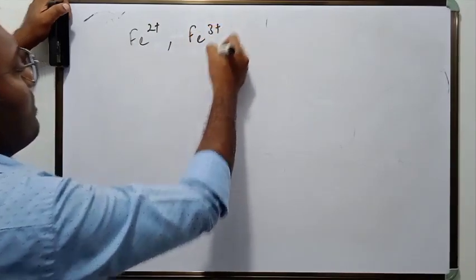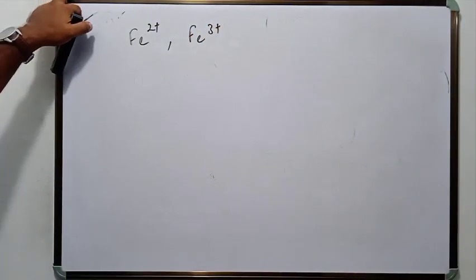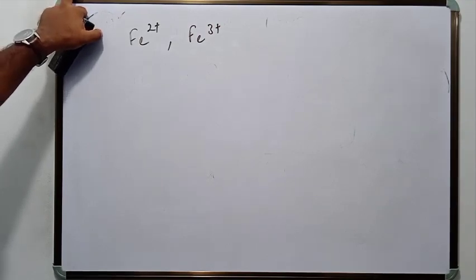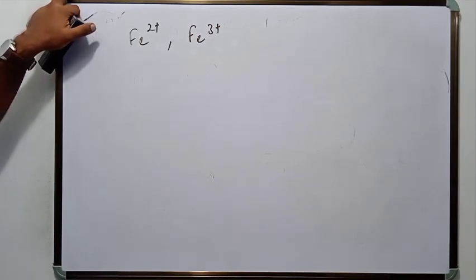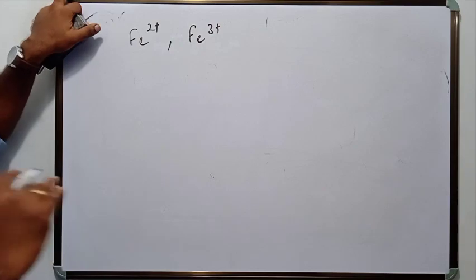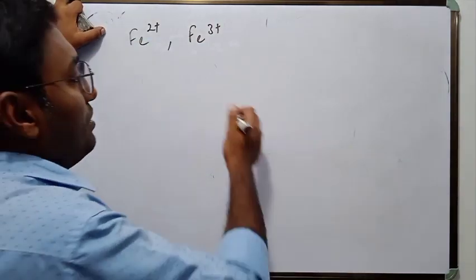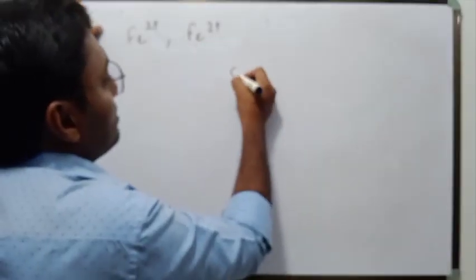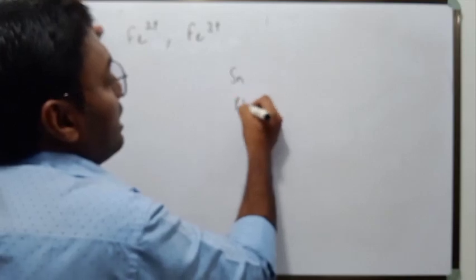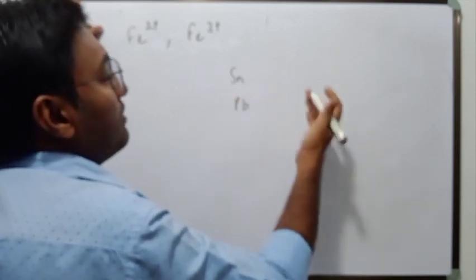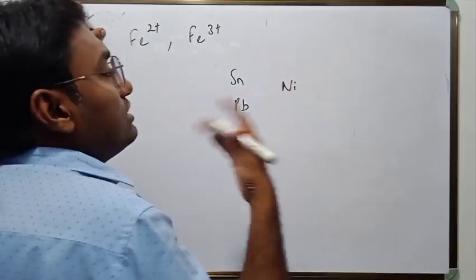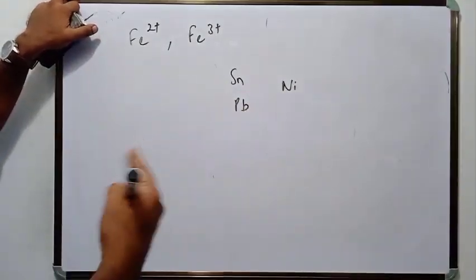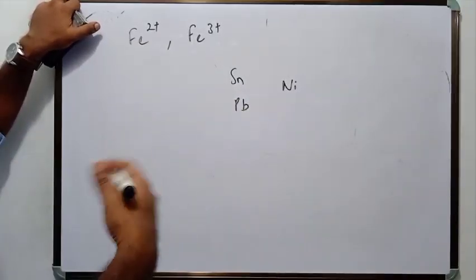There can be more than one stable form for iron, right? Ferrous and ferric. So such larger metal ions exist which are stable in more than one ionic form. Examples of this are tin, lead, and other heavy metals like nickel. All of these are stable in various ionic forms, okay?